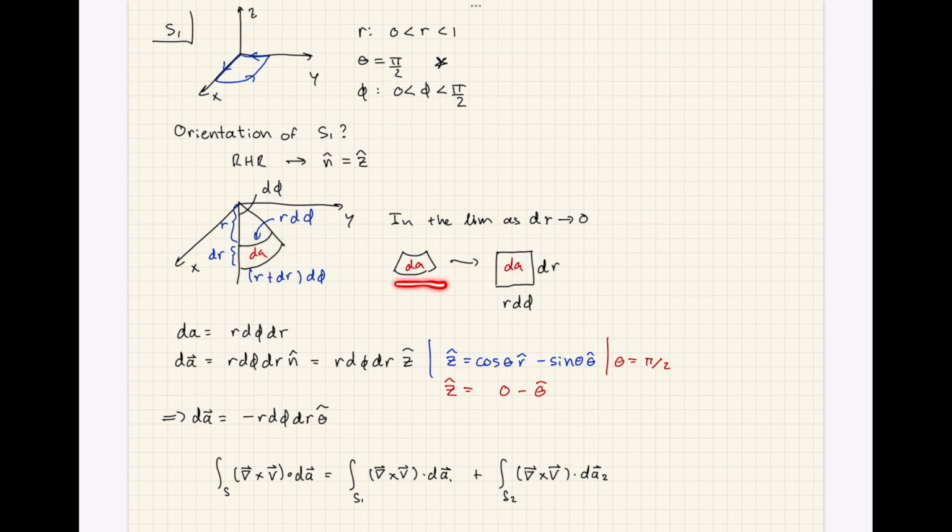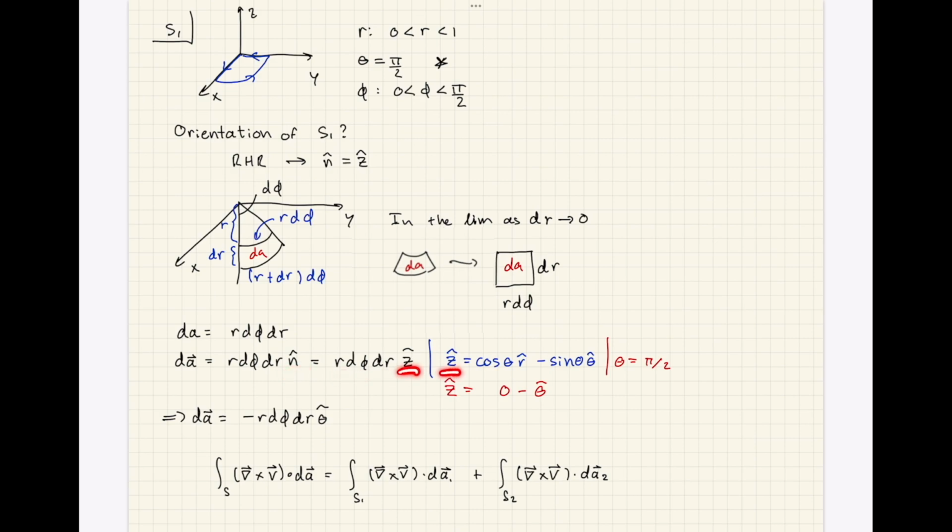If I draw out this chunk in the limit that my dr goes to 0, this looks more and more like a rectangle. So to get the area of this, I multiply, just like a rectangle, and I get r d phi dr. And to turn it into a vector, I multiply it by my orientation vector, and I'm left with r d phi dr z hat.